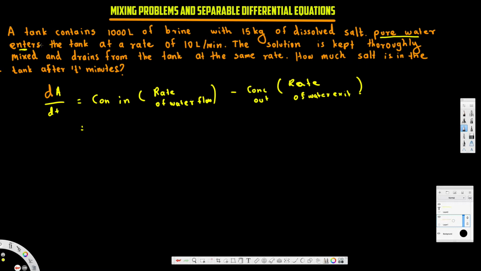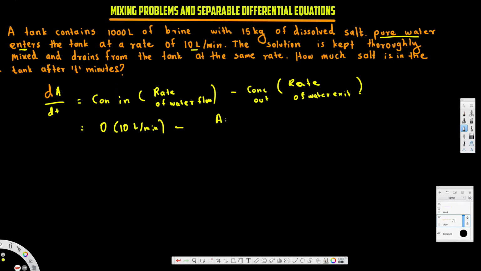Now concentration in: here they have mentioned pure water is entering the tank. So pure water means the concentration is 0, and the entering rate is 10 liters per minute, and then minus concentration out. Here we have to introduce one more term, A of t, that will be the amount of salt after t minutes in the tank.